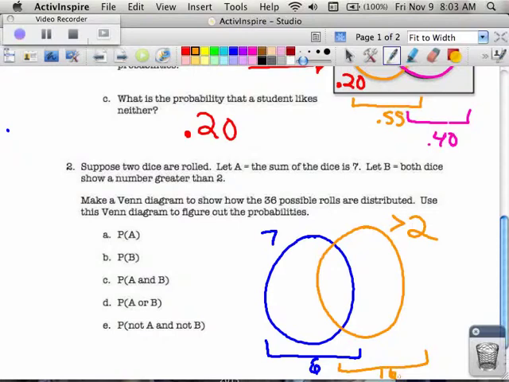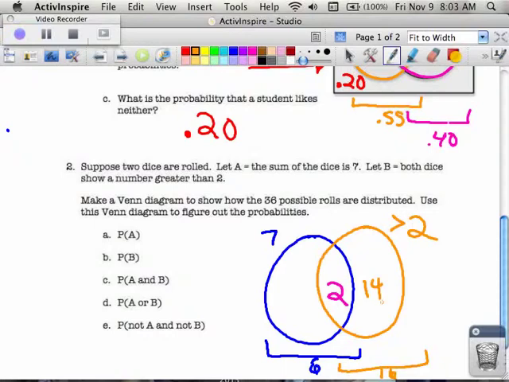How many numbers are both a 7 and both of the numbers are bigger than 2? So 2 is correct where both dice are bigger than the number 2 and the total is 7. So you have to look in your chart for that. So there's 2. Which means that left over in the orange circle there has to be 14 things.